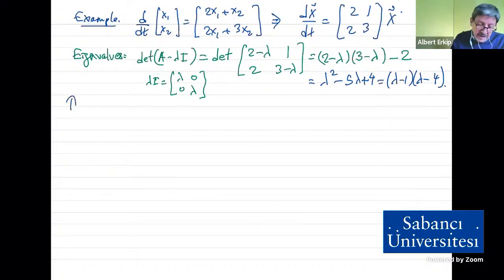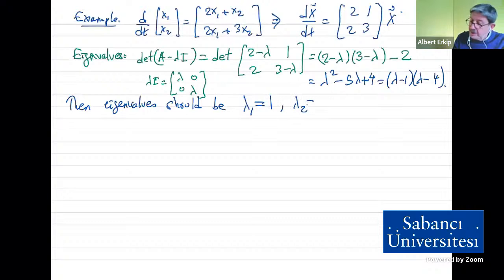Then the eigenvalues should be lambda 1 equal to 1 and lambda 2 equal to 4, because this equal to 0 is the characteristic polynomial. The roots are the eigenvalues.